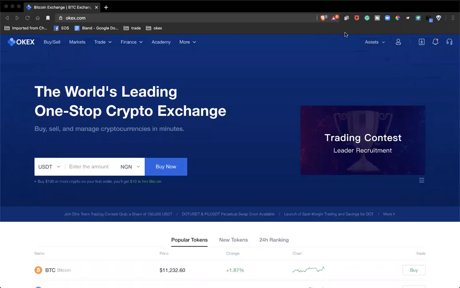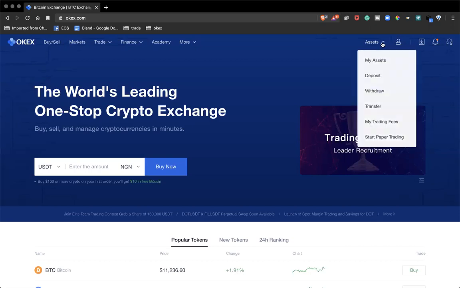Okay, good evening, everyone. Today we're going to focus on paper trading futures using OKEx. If you have the OKEx app, you can just log straight into the app and go to assets.